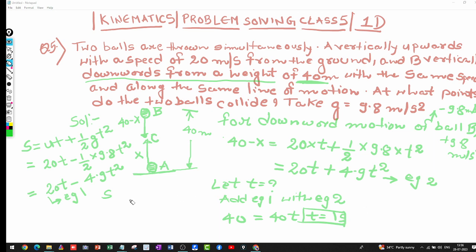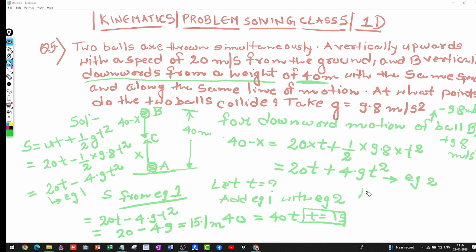From equation 1, we are going to find the height. Since we got t equal to 1 second, we are going to substitute here in 20t minus 4.9 t square. When you put t as 1, you will get 20 minus 4.9, which is equal to 15.1 meter.